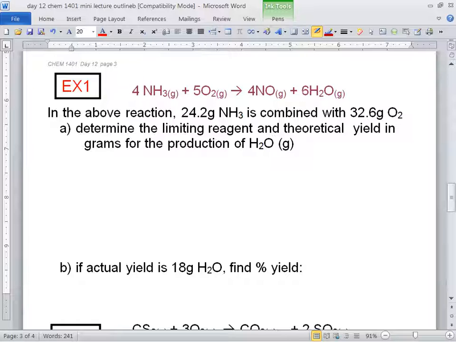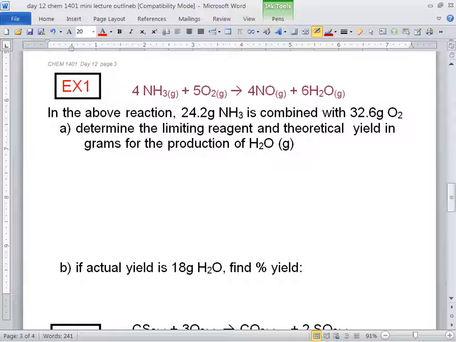So what's the game plan here? They gave you both reactants. Convert both those reactants to what? Like convert the 24.2 grams of NH3 to, in the end, grams of what, Stephen?